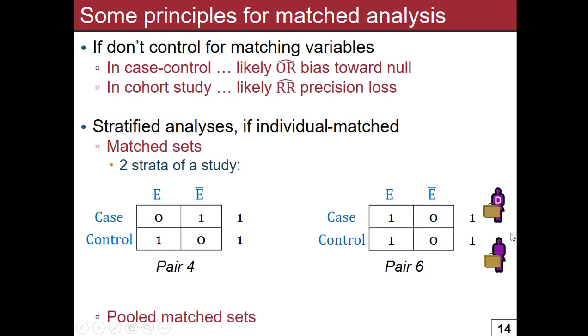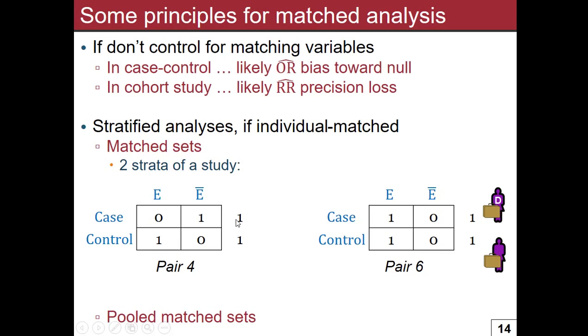Those individuals make up pair 6, and we also have two such individuals who make up pair 4. These 2x2 tables represent their exposure and disease data. Here pair 6 was two women, one was a case, one was a control, and they were both exposed. Pair 4 was two women of the same demographic profile, one case, one control, and the case is unexposed and the control is exposed.